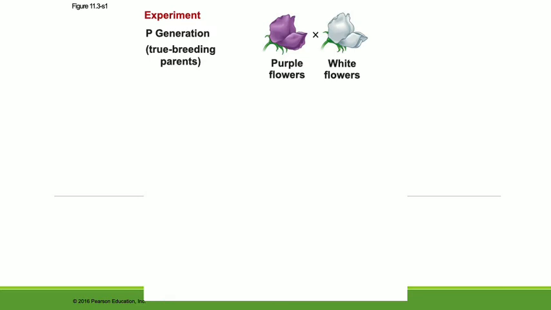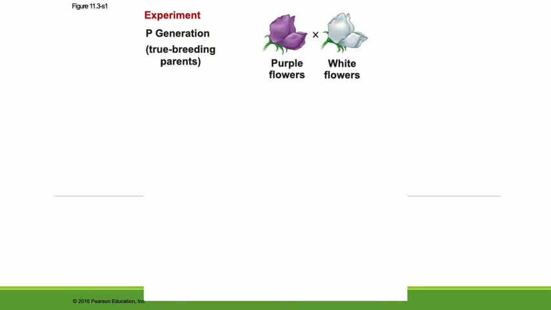Also, in his garden, he planted the true breeding white flower pea plants, put them in the ground, watered them, watched them, and they all grew to have white flowers only. Okay, so he has mature plants that are true breeding purple flower and true breeding white flower.